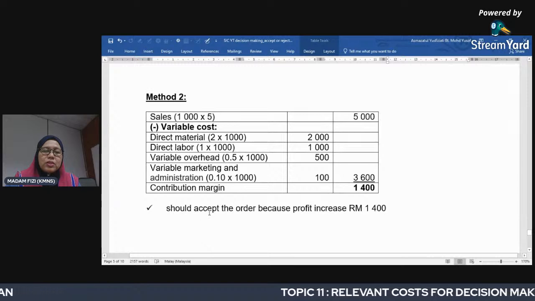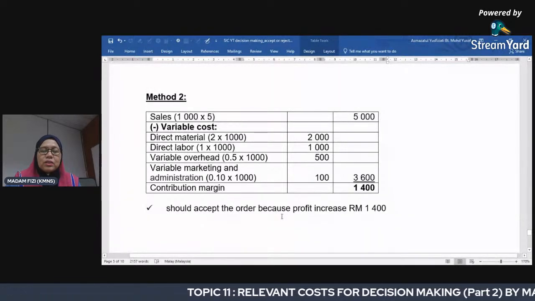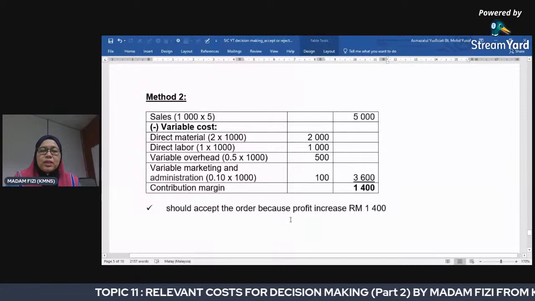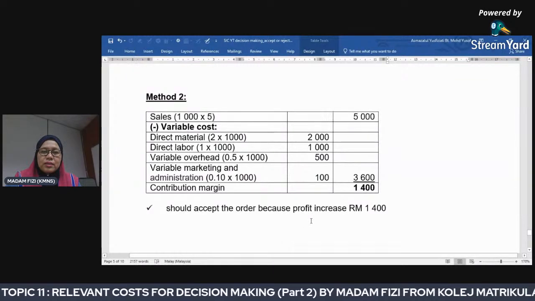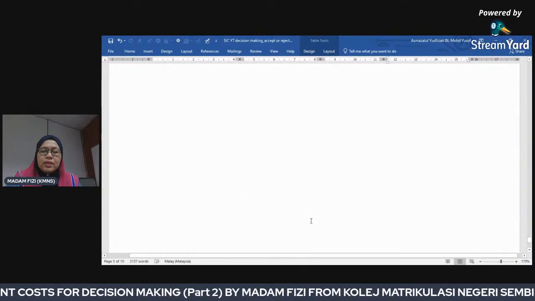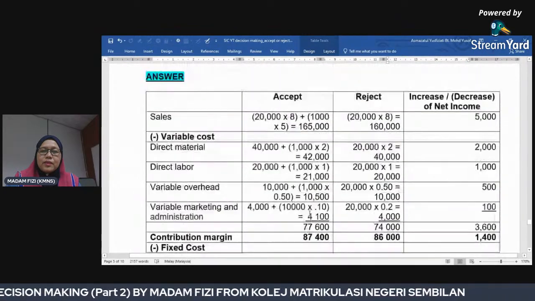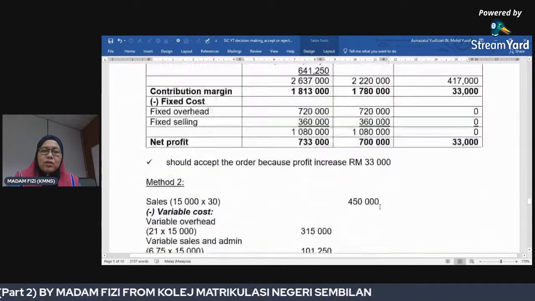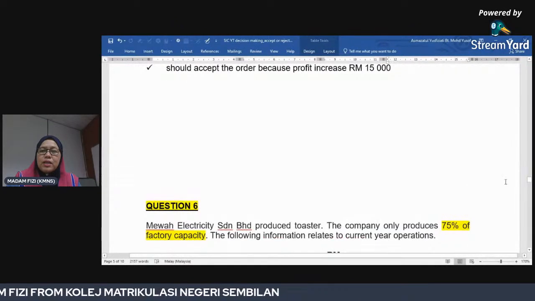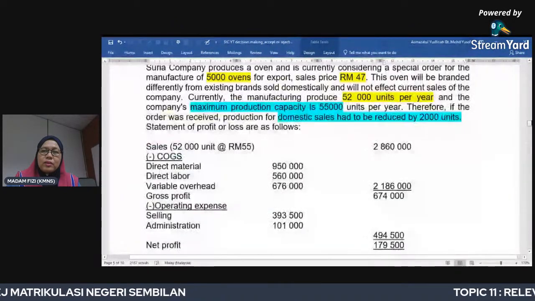So the company should accept the special order because the profit increases by 1,400. Okay, that's all. I think we have discussed all the questions for accept or reject.